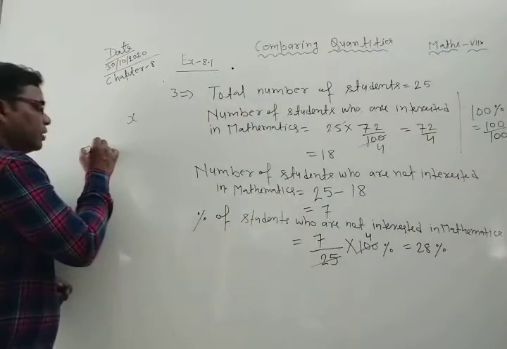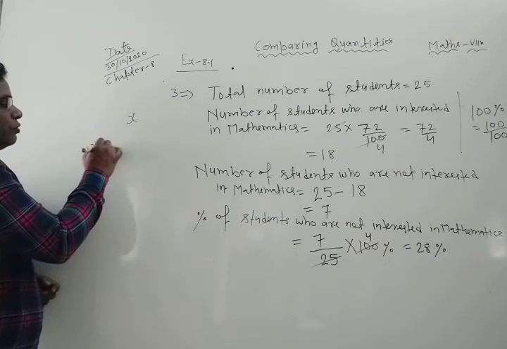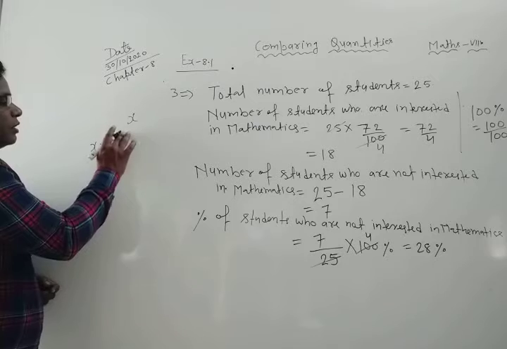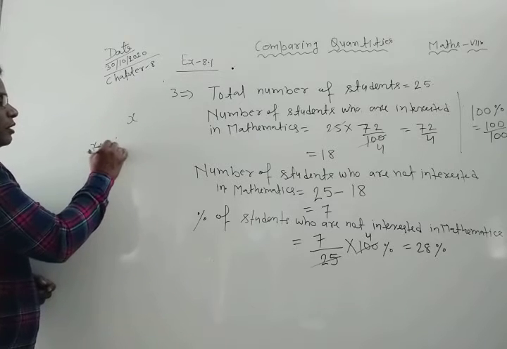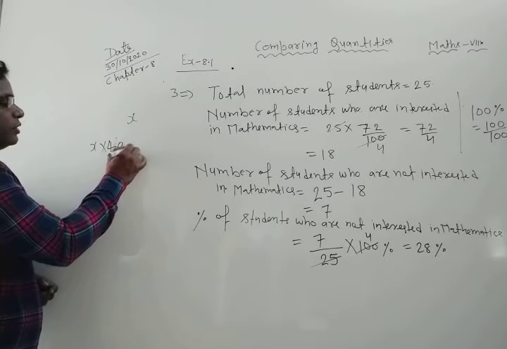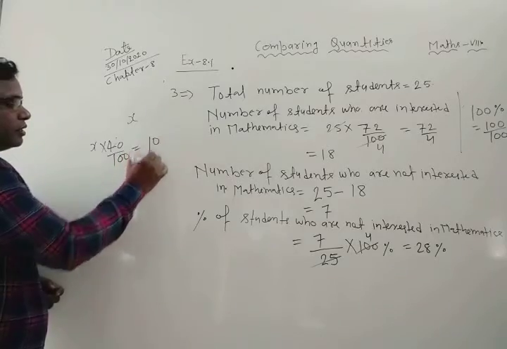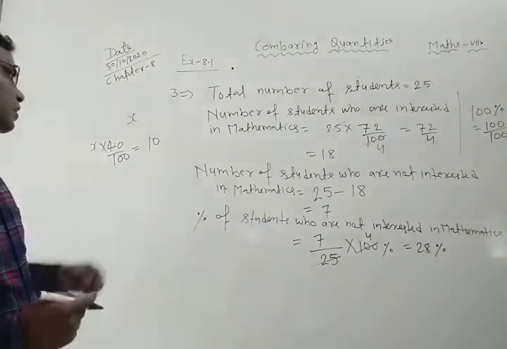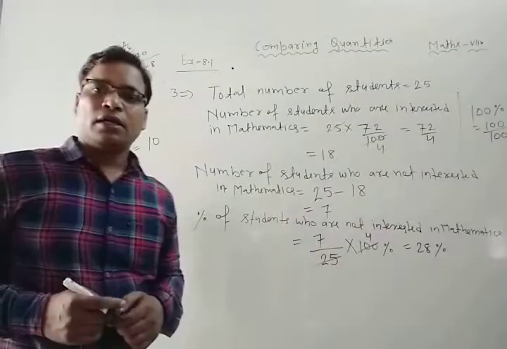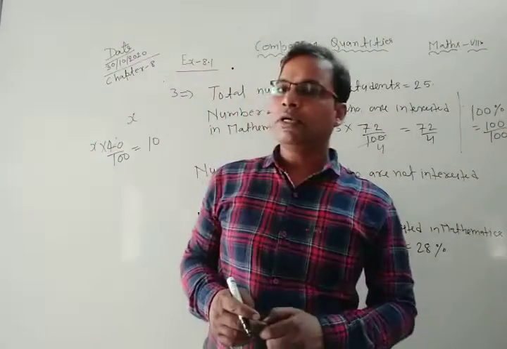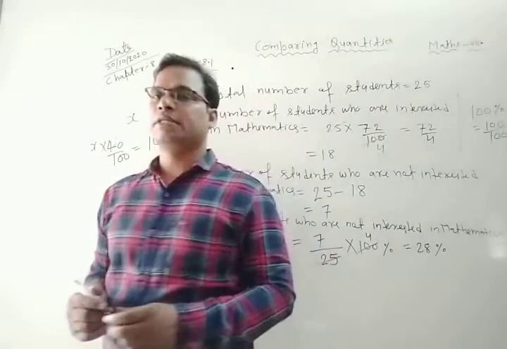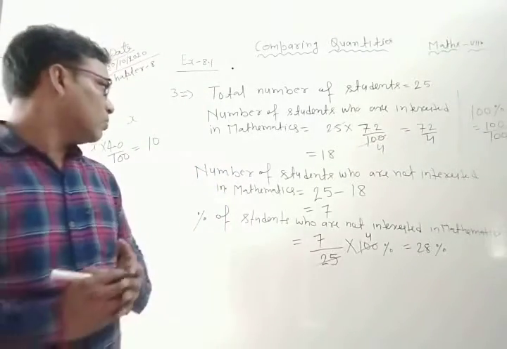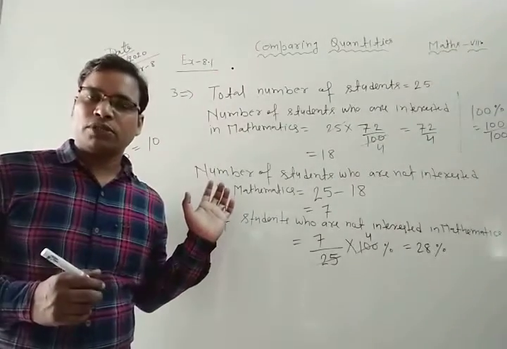So x into 40%, and 40% is 40 by 100, is equal to 10. Then if you simplify it, you obtain the total number of matches. Clear? So I hope all of you can solve this question number 4.